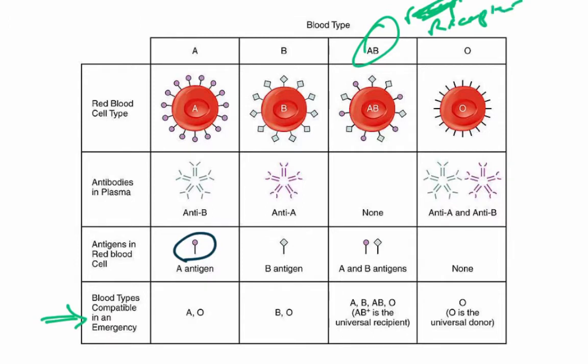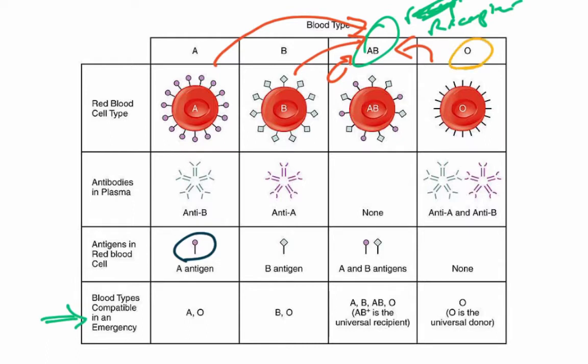Which means they can get blood donated to them from A, from B, from AB, as well as from O. They can get blood from anybody without a problem.